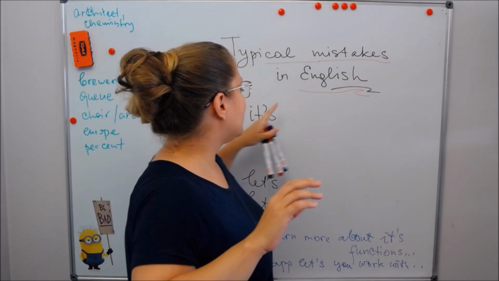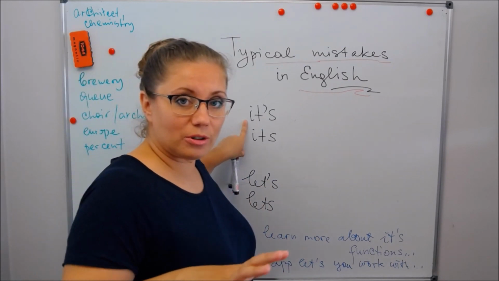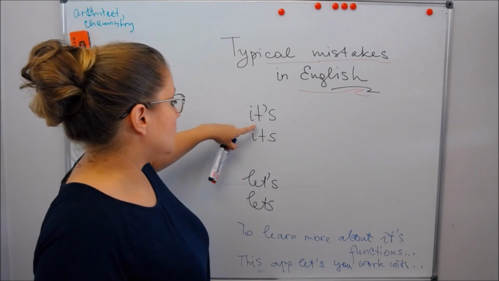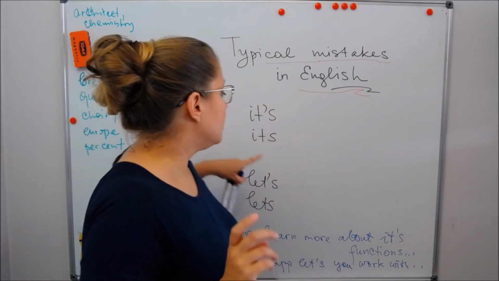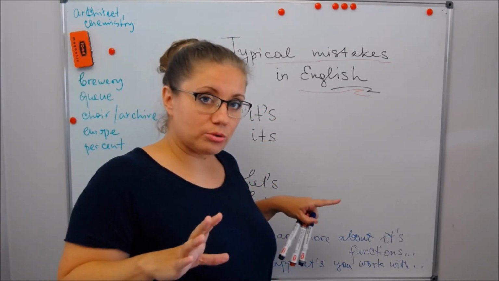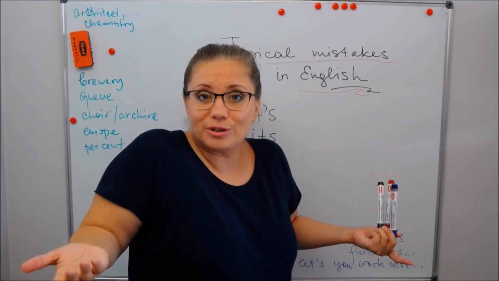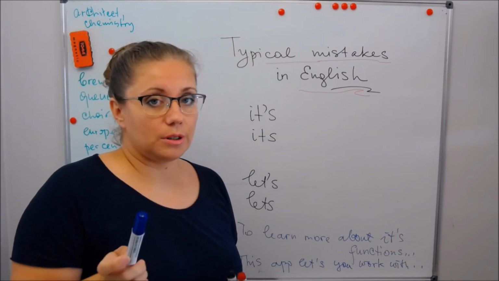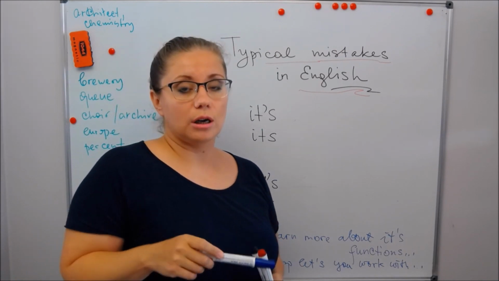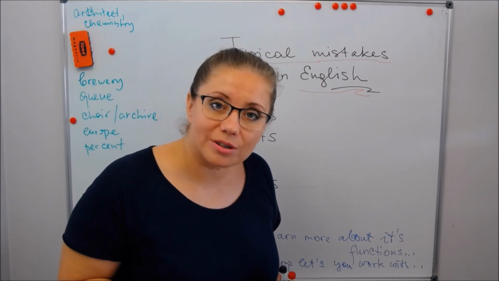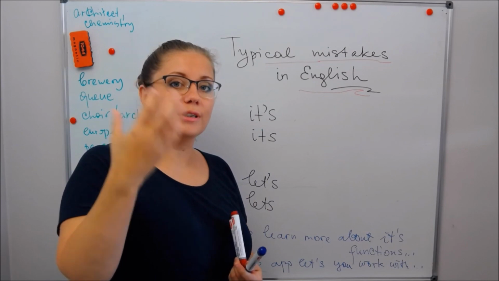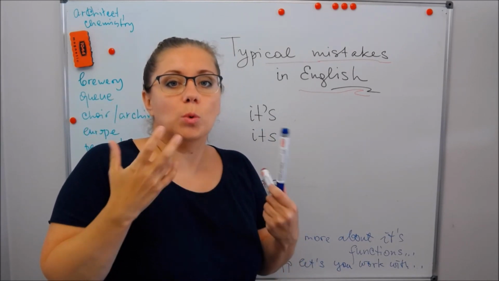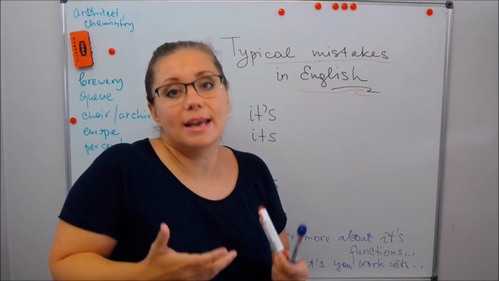Let's have a look. Well, you probably know that there are two different structures. You can see it's with the apostrophe, you can see its without the apostrophe, and how to use them correctly. Apostrophe always means the sound which is not pronounced, meaning apostrophe can only appear in the form when somebody doesn't say something.